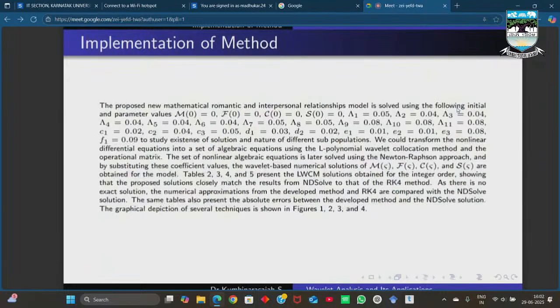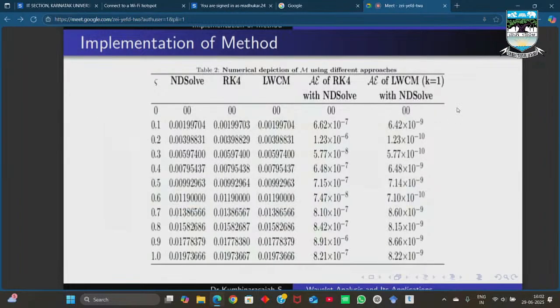Here are some results. These are the parameters I have assumed to solve the considered model, and here you can see. This model is new. It has no exact solution. So that's why I compared those. LWCM, because the wavelet function is defined using the Legendre polynomial formula.